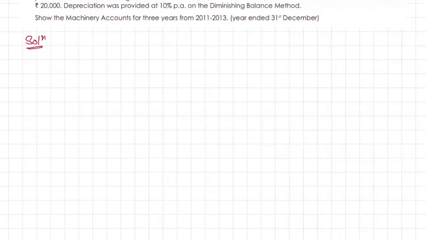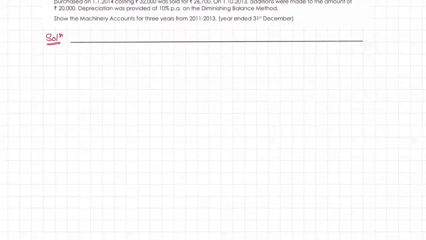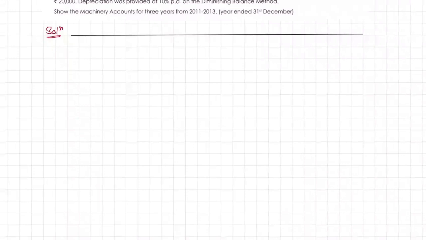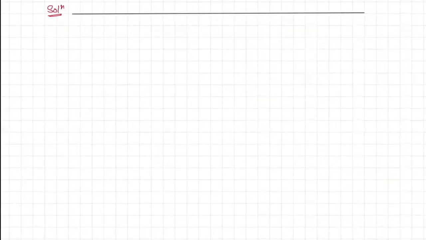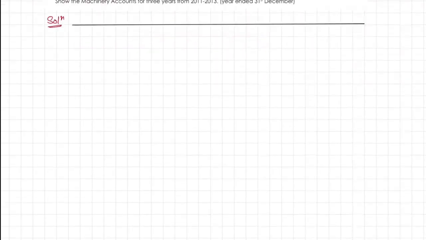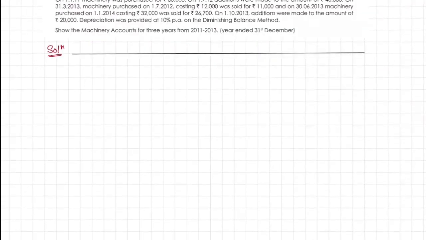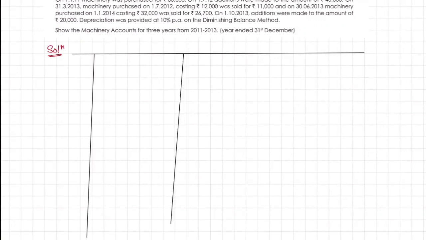So I'll draw a machinery account. For 3 years it is, correct. So I might need some more space. Let's do one thing. It will be date, then particulars, then here will be amount.